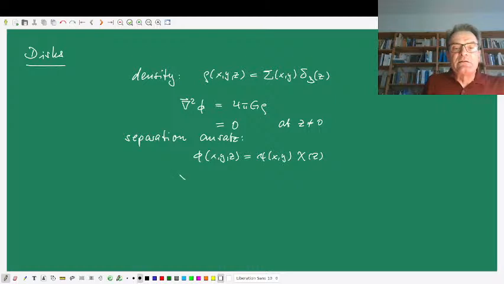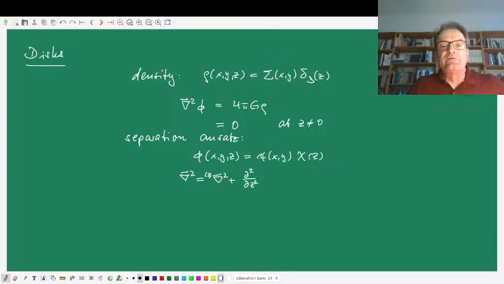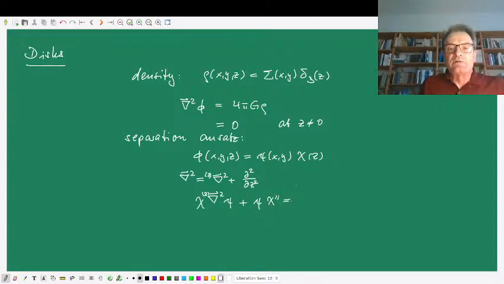And then I'm going to write the Laplacian, a two-dimensional Laplacian, let me write it like that, plus the second order derivative with respect to the z coordinate. Alright, now if I apply this Laplacian to this separation ansatz, you see that chi times the two-dimensional Laplacian applied to the psi function plus the psi function times the second order derivative of the chi function must be 0.